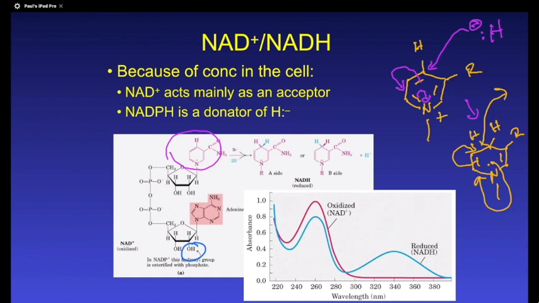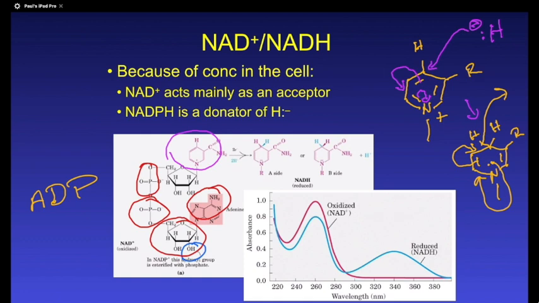Here, adenine, the ribose sugar, 1 phosphate, 2 phosphates. What does adenine, ribose, phosphate make? Give me an acronym. ADP.